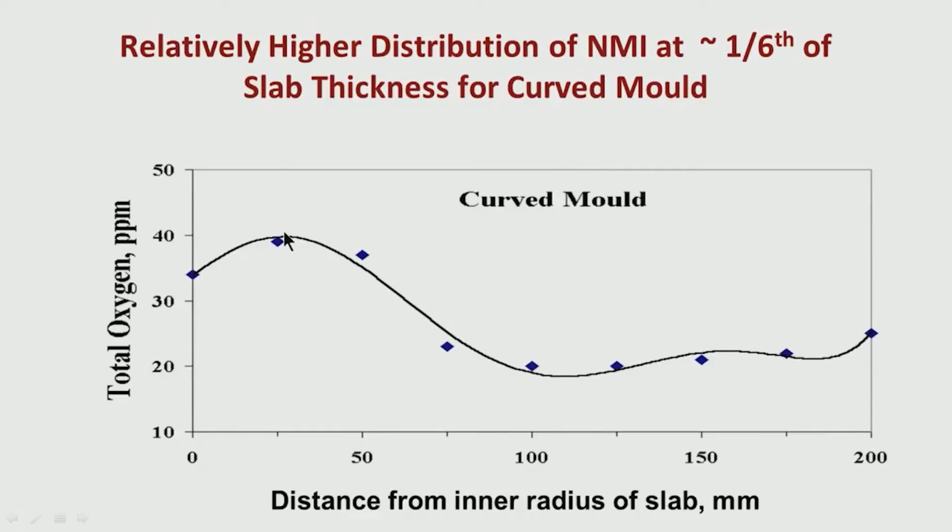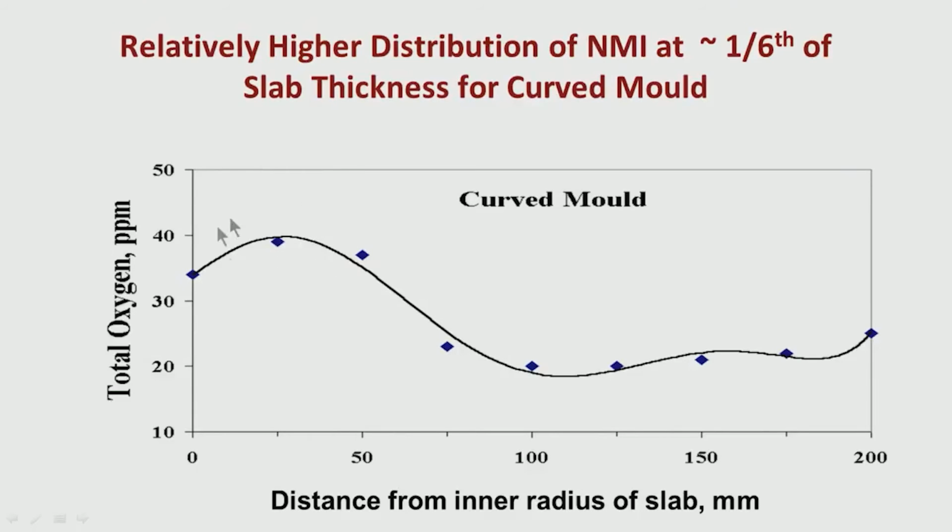So when we are rolling the slab, one surface will expose more defects, more surface laminations. We will be getting more defects in this particular slab cast from a curved mold.